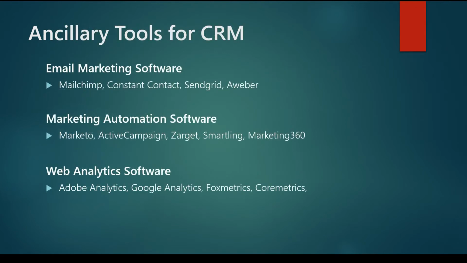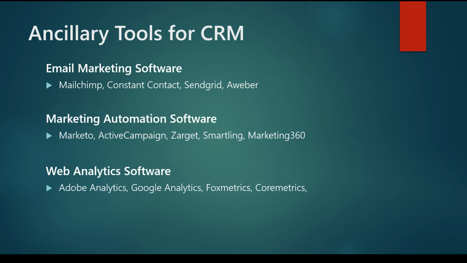There are also ancillary tools for CRM, and again, some of the operational CRM tools provide some functions of these tools, but they're not as robust. So there are email marketing software tools which link to these operational tools and also to the analytical tools such as MailChimp, Constant Contact, SendGrid, Aweber.